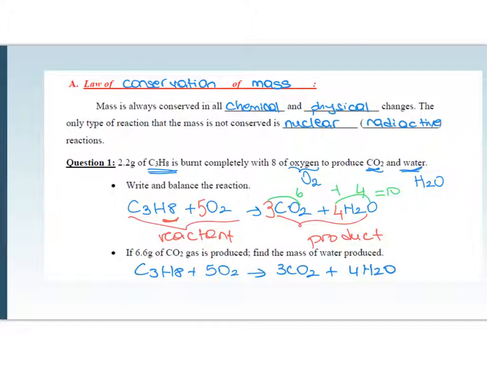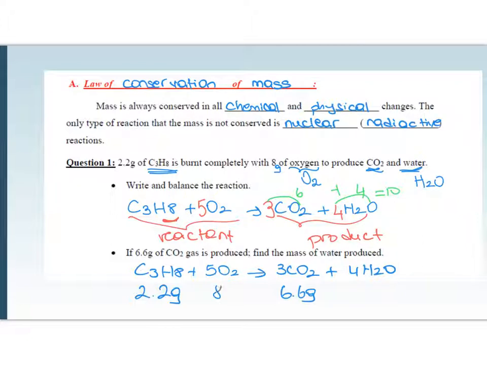Now it says in the beginning, you have 2.2 grams of propane here. So this is 2.2 grams. And finally you have 6.6 grams of carbon dioxide. This is 6.6. In the question, sorry, the gram is missing here. You have 8 gram of oxygen here.